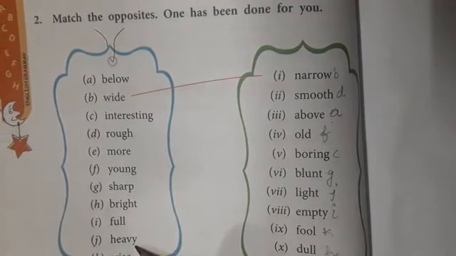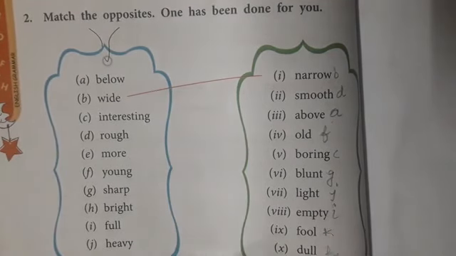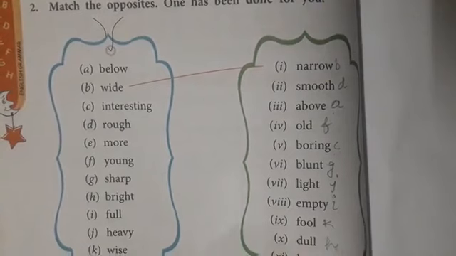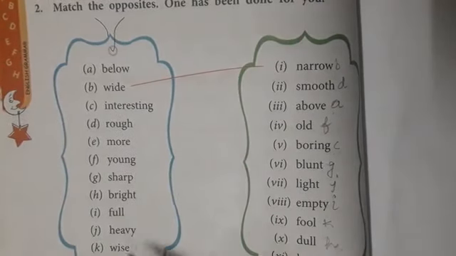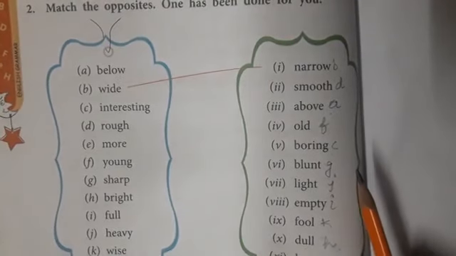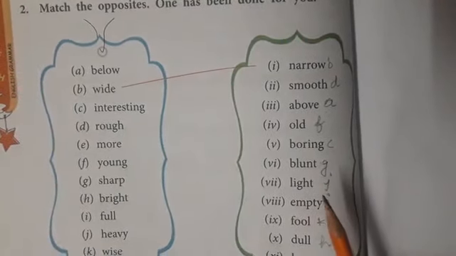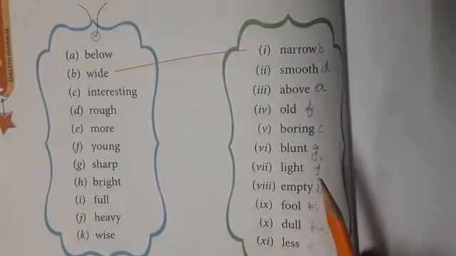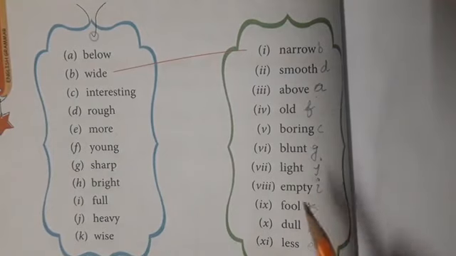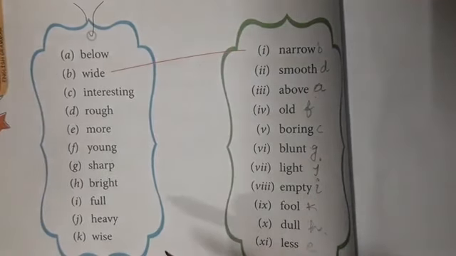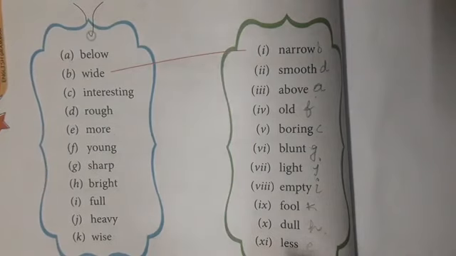Opposite of heavy. Heavy is light. And the last word is wise. Opposite of wise is, tell me, fool. Wise means बुद्धिमान, और fool का क्या meaning होता है? मूर्ख. So in this way you have to match these two particular columns accordingly.